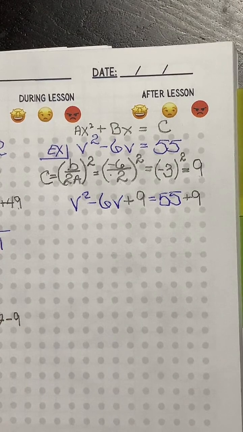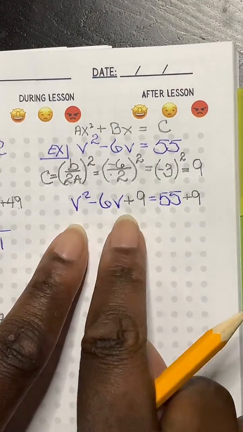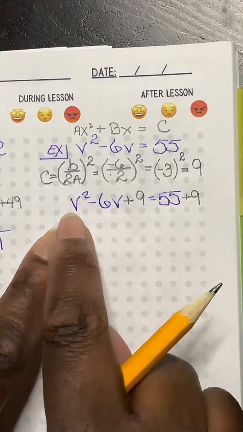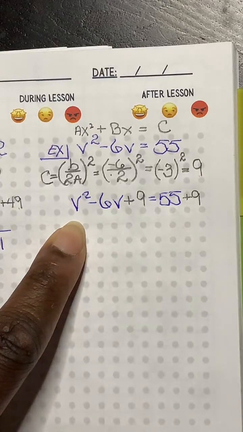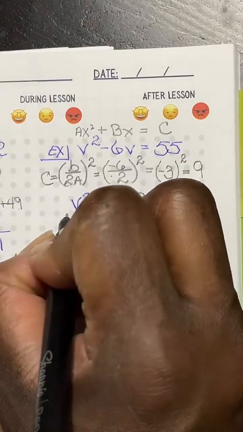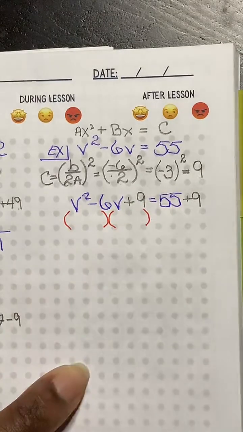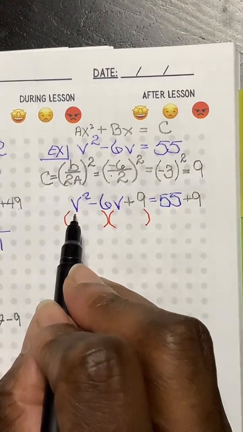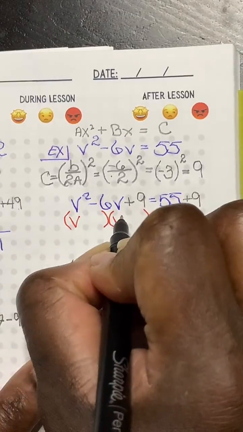Okay. So I'm going to show you all the way through. So on the left-hand side, we have a perfect trinomial set up. So that means I'm going to split up for my 2 factors. Since my leading coefficient is 1, I can split the v's.